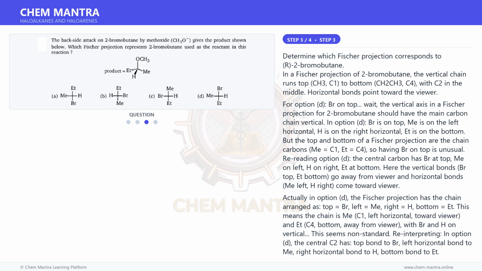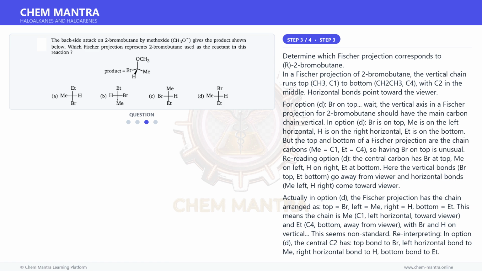In a Fischer projection of 2-bromobutane, the vertical chain runs from top, CH3, C1, to bottom, CH2 to CH3, C4, with C2 in the middle. Horizontal bonds point toward the viewer. For option D, Br on top. Wait. The vertical axis in a Fischer projection for 2-bromobutane should have the main carbon chain vertical.